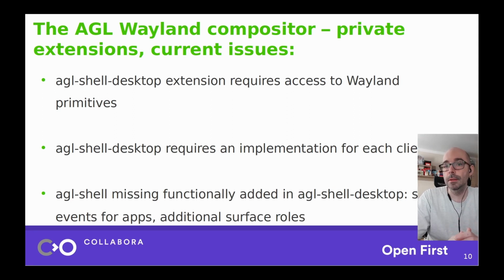Clients need to implement the client-side implementation of the extension, and this probably can be done using some kind of wrapper library. This still remains the fact. And for some time now, the main extension has been neglected, and all the additional functionality has been added into the other private extension, like status events and additional surface roles.